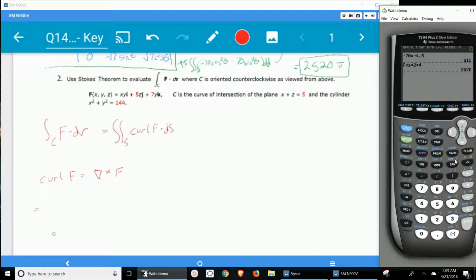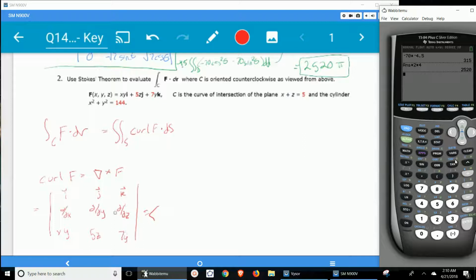So partial with respect to x, y, partial with respect to y, 5z, partial with respect to z, 7y, i, j, k. Okay, what is this thing?